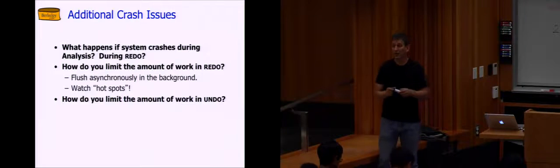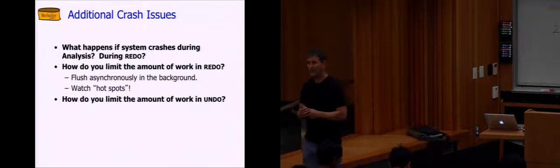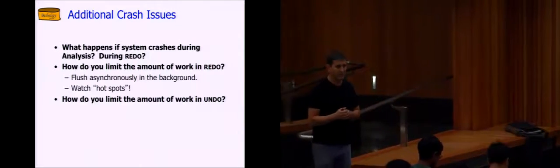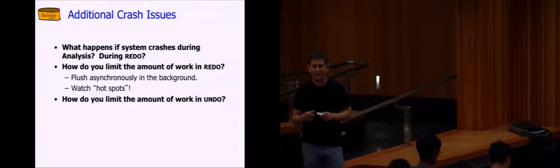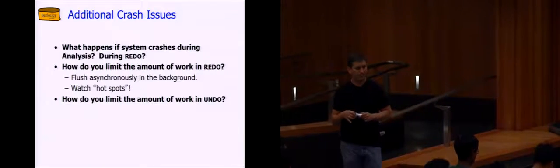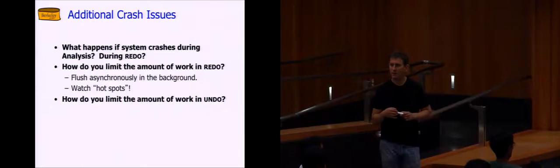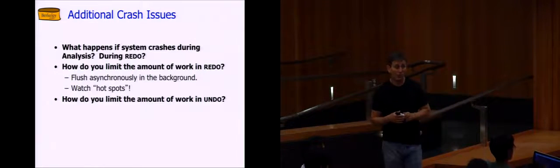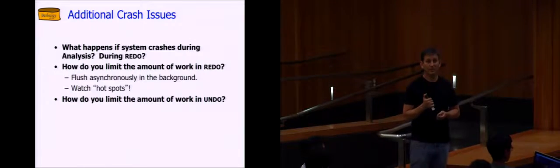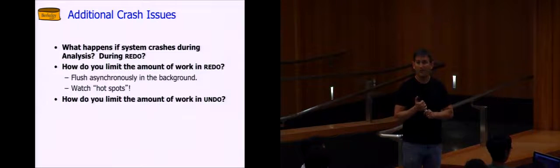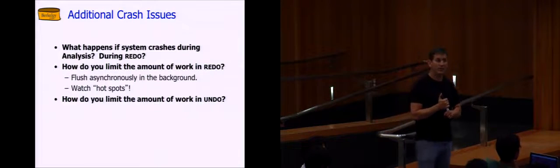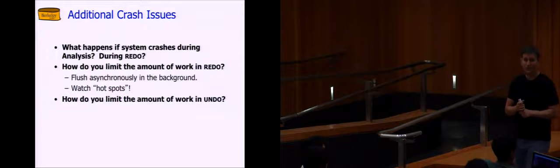All right, undo. How do we limit the amount of work at undo time? Man, I hate undoing things. It's so expensive. How can I limit undo time? Well, what's the oldest thing we might undo? The first log record of what?